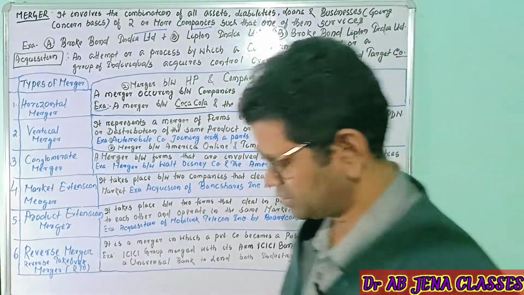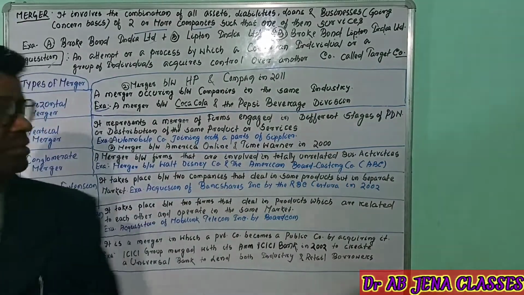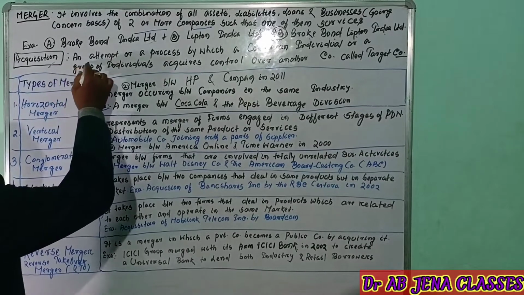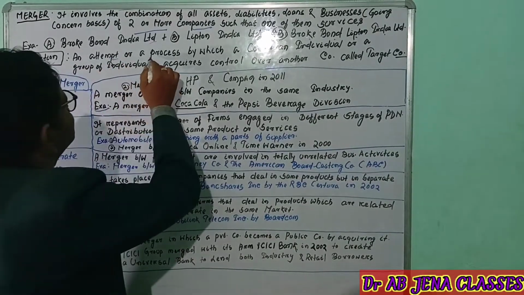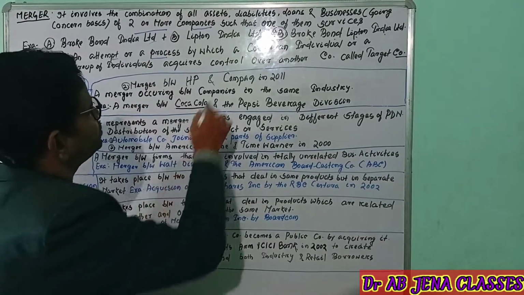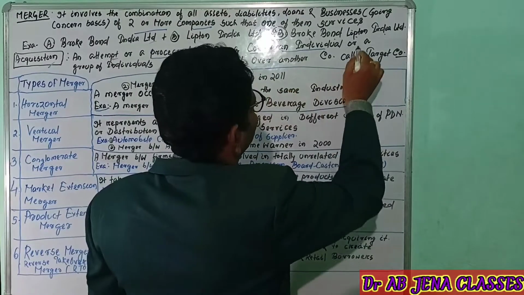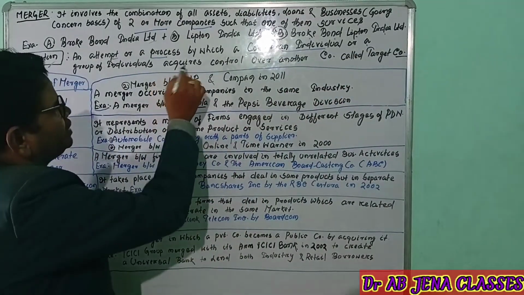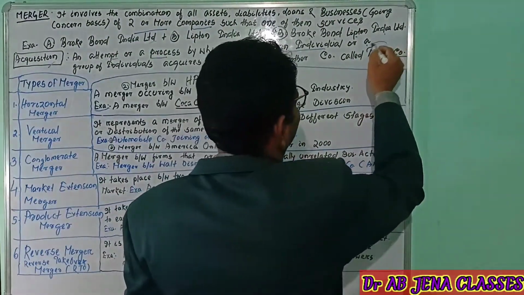Dear friends, come to the meaning of acquisition. Acquisition is an attempt, or a process, by which a company or an individual or a group of individuals acquires control over another company, known as the target company.